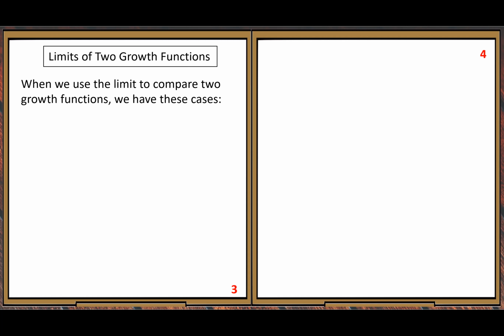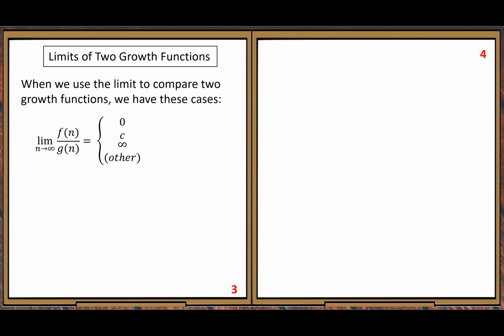Let us recall, use your calculus background. How many possibilities do we have? Let me list all the cases. Basically we have four cases, covering all the possibilities.